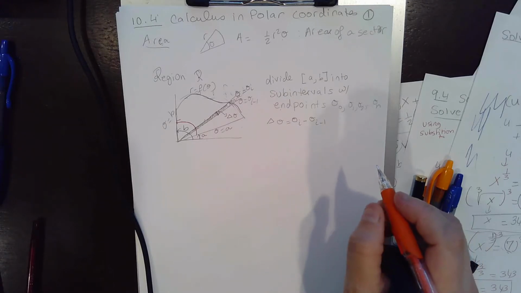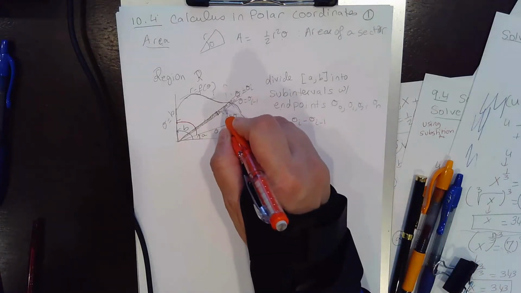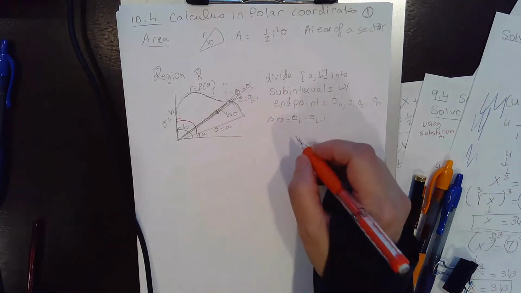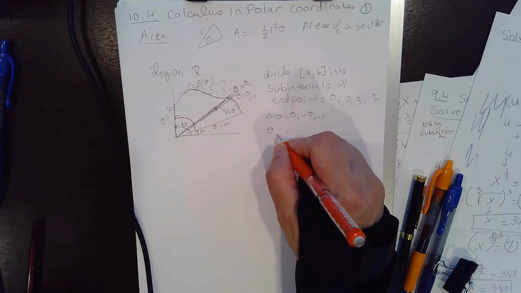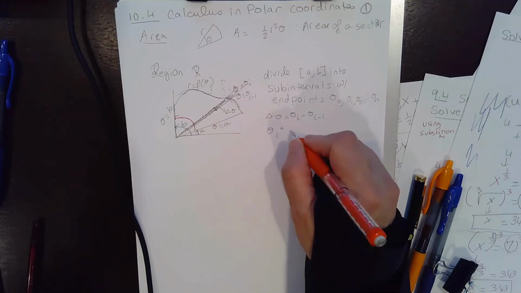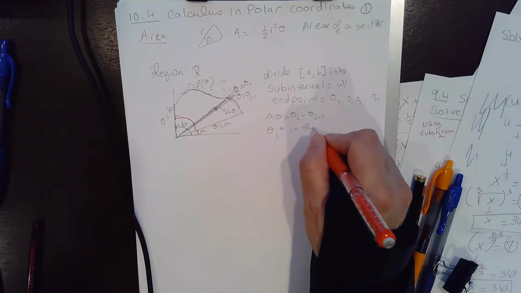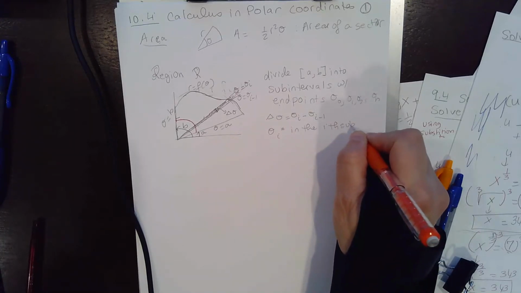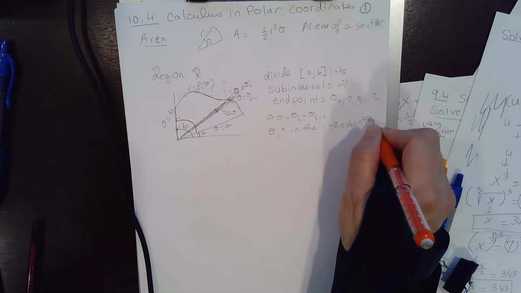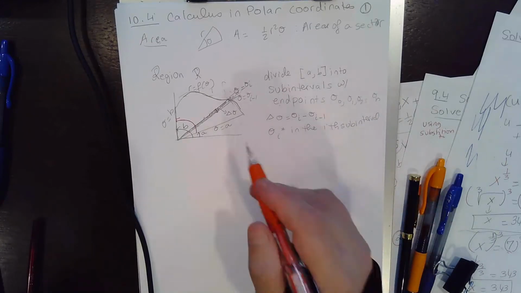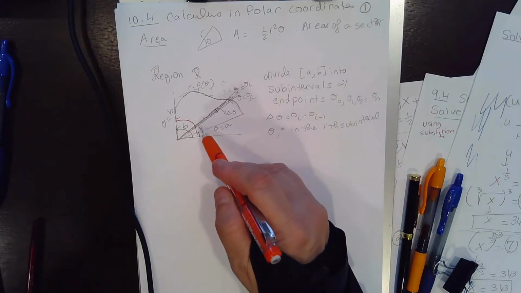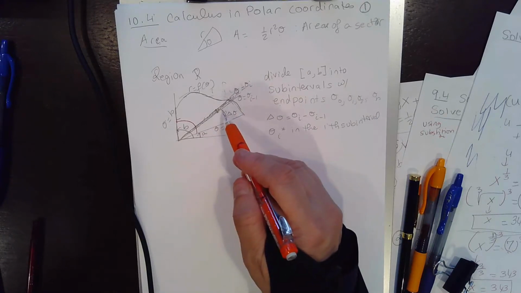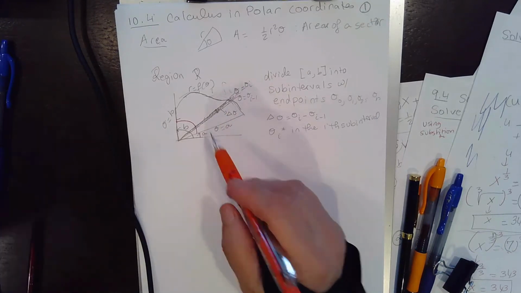Now, if we choose a particular point, some point in the ith interval, I would love to graph it, but because of the difficulty of me graphing it, theta i star would be in this interval right here.